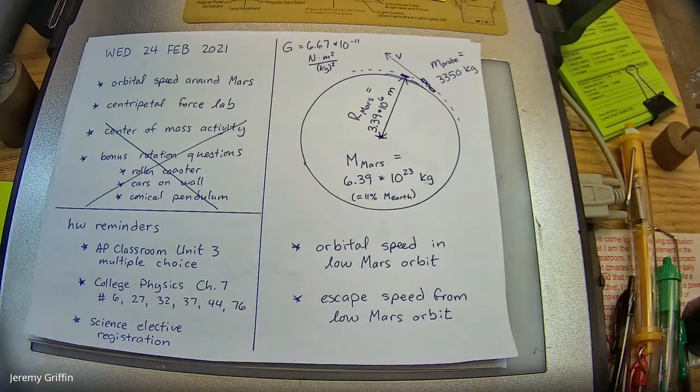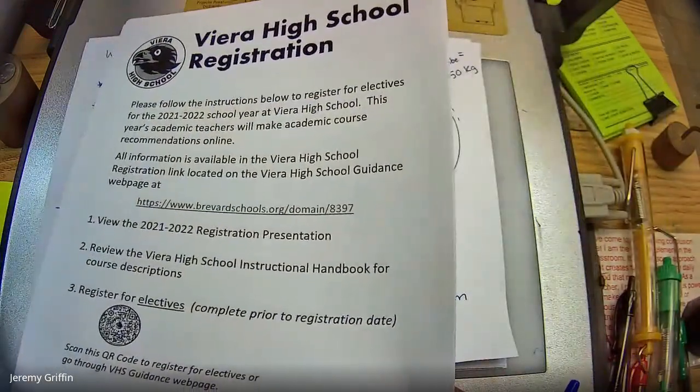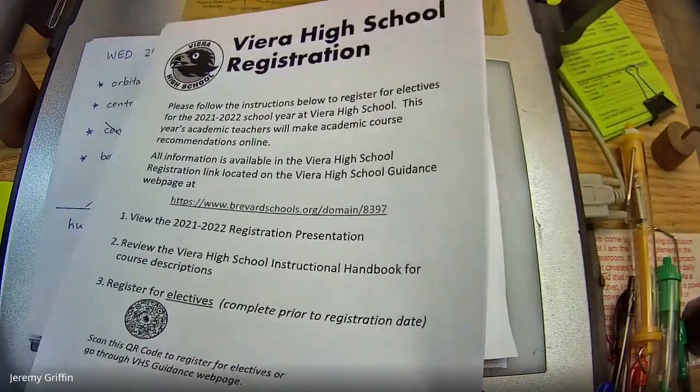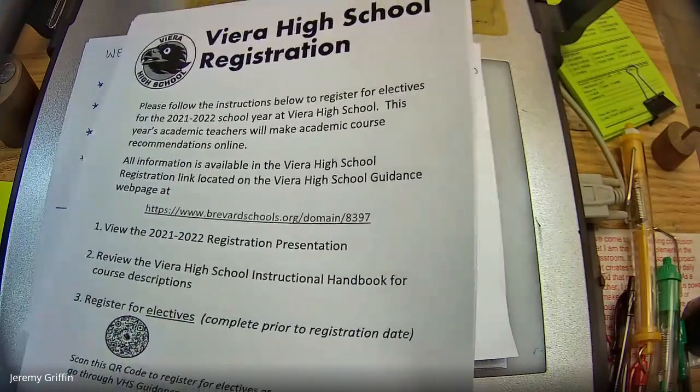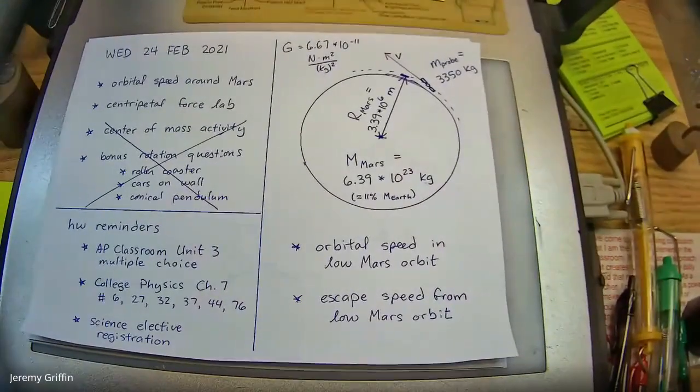Okay. Then yesterday I was talking about registration. You should have gotten one of these in your third block. I went ahead and posted this to Google Classroom, so everybody has access to this. Right? Got a registration link for electives.